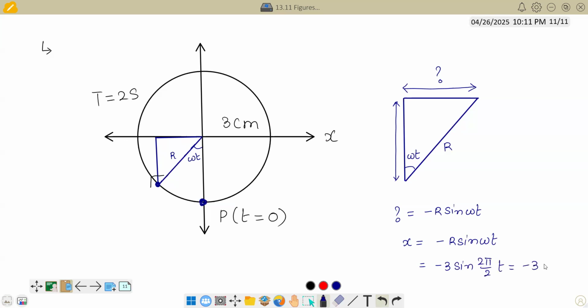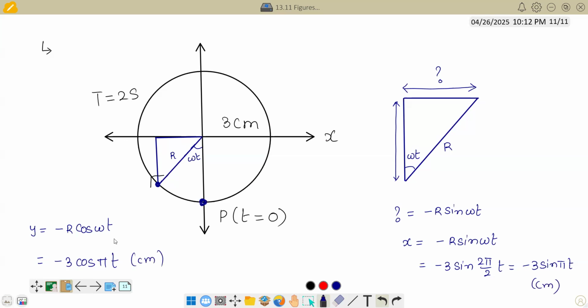So we will get minus 3 sine pi t. Similarly, what will be its y coordinate? It is on the negative y side. So similar thing, y equals minus r, this side is attached to omega t. So it would become minus r cos omega t. So you'll get minus 3 cos pi t, because omega is the same. This has to be in centimeters.